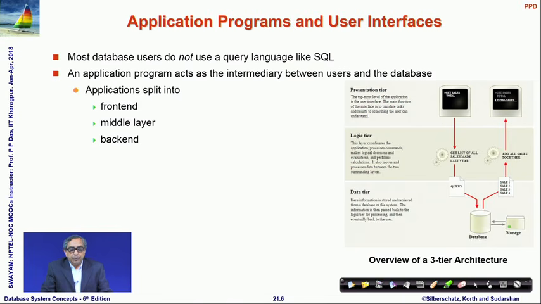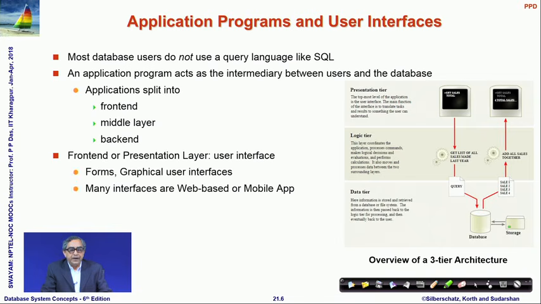Usually an application program acts as an intermediary between the user and the database, and it is often split into 3 layers: front end, middle layer and back end. On the right I have shown these 3 layers; this is just a representative diagram.